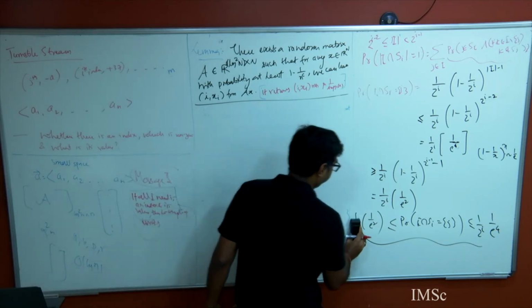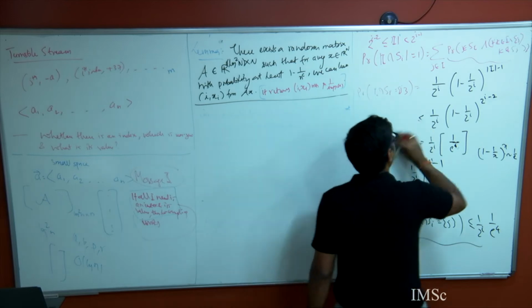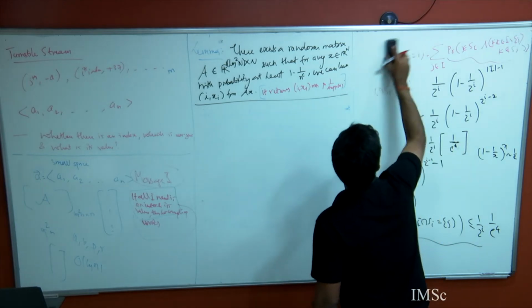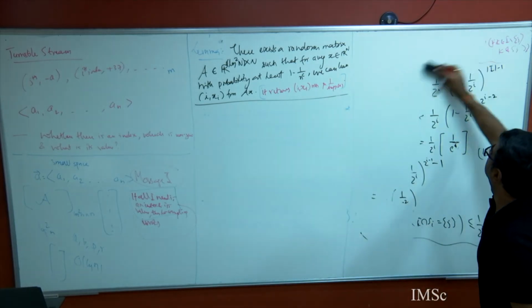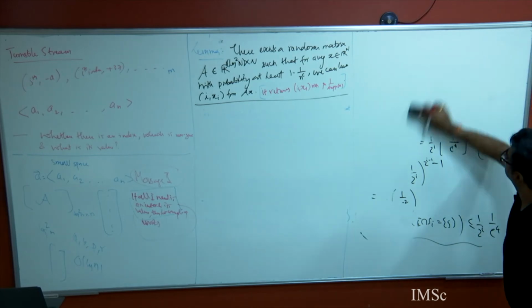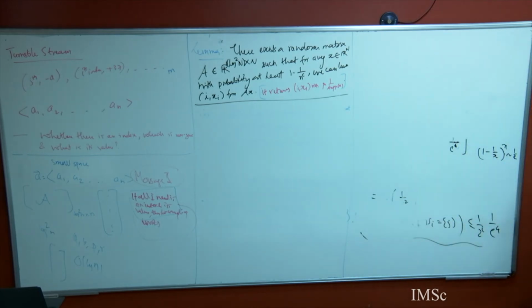So the next question which I have, how many of you know how to test whether a graph is bipartite or not? Do you know how to test whether a graph is bipartite or not?